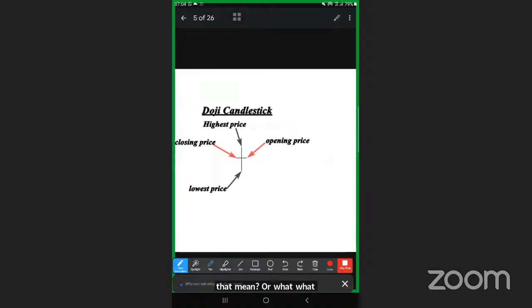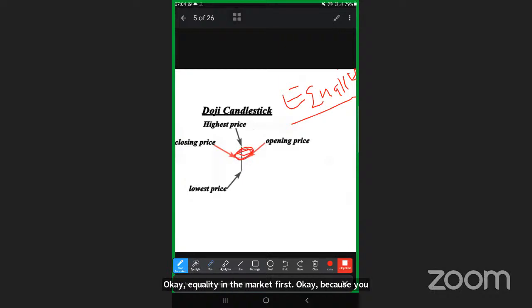This tells us that the market opened and closed at the same price, which means that there is what we call equality in the market first, because you can see that they opened and closed at the same place. So this signifies that the power of buyers and the power of sellers is equal.